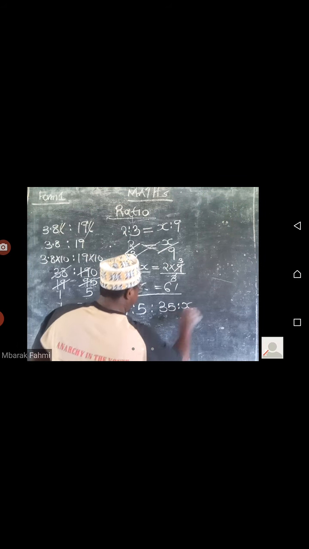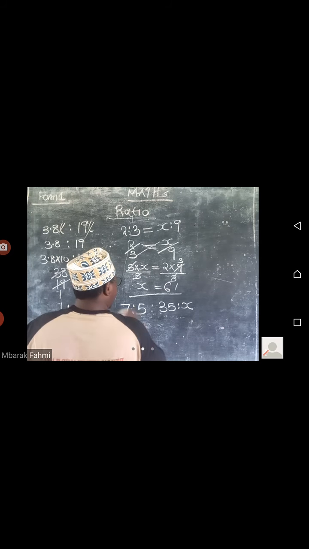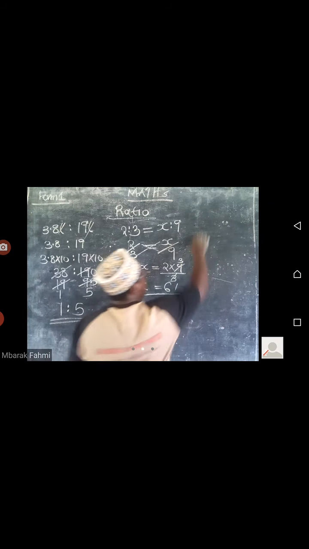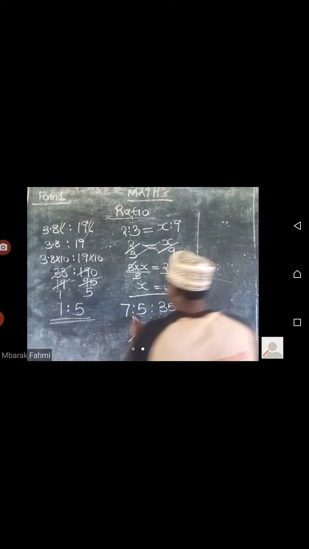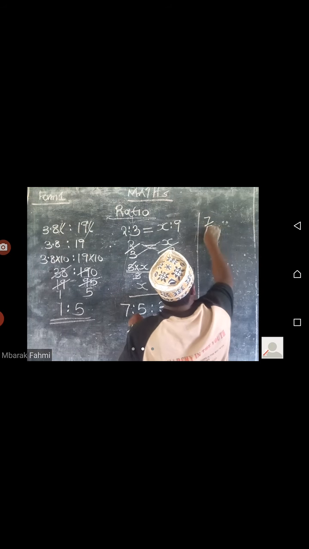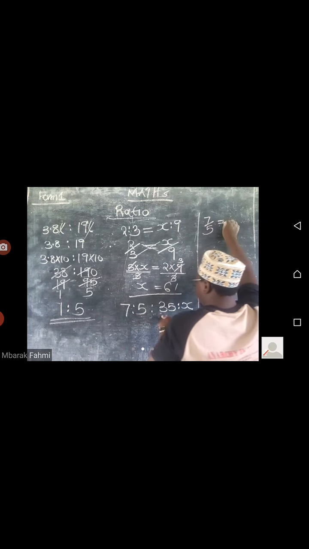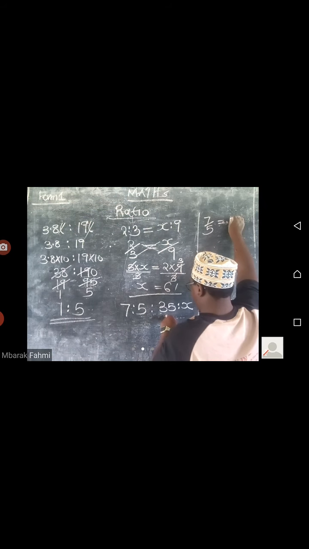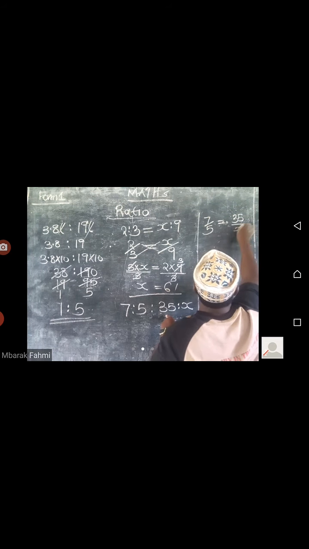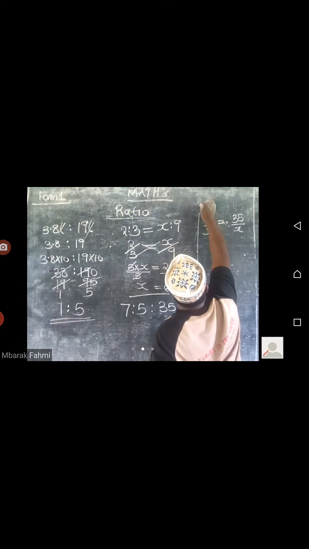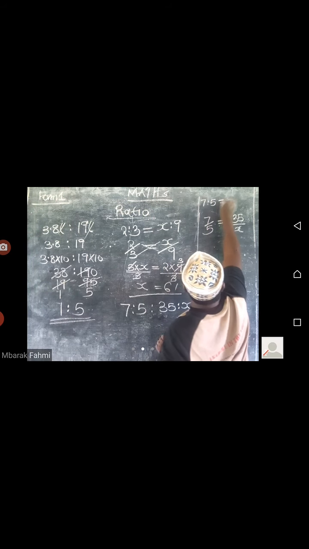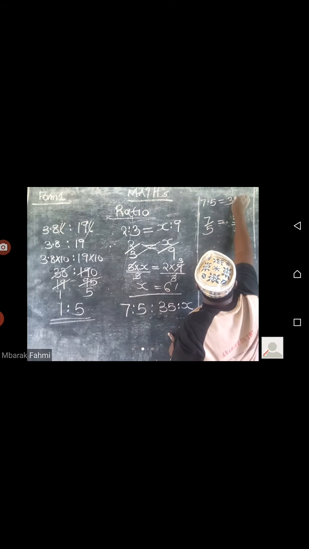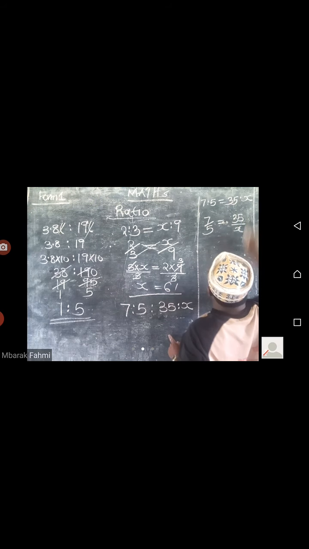So 7:5 can be written as a fraction: 7 over 5 is equal to 35 over x.